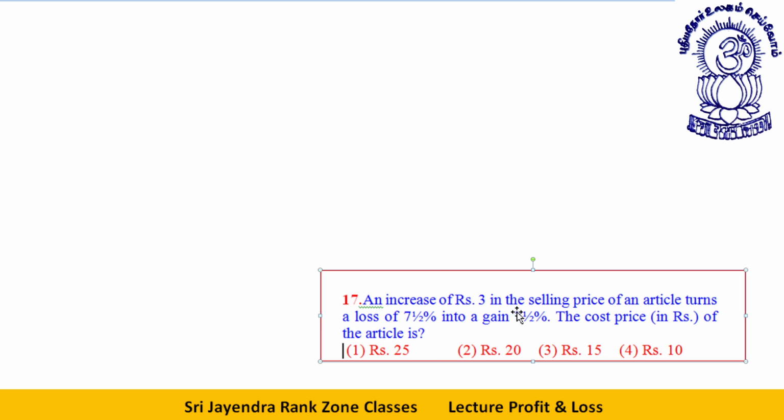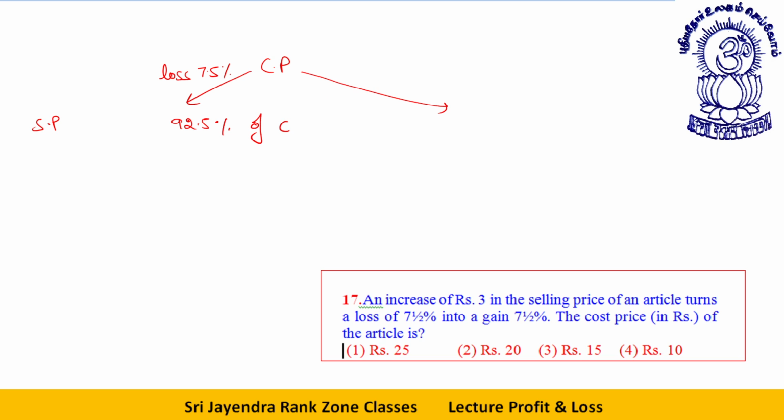An increase of rupees 3 in the selling price of an article turns a loss of 7.5% into a gain of 7.5%. The cost price of the article is C, students. First of all, let's say the CP is C. When I say there is a loss of 7.5%, so the SP is actually 92.5% of cost price.